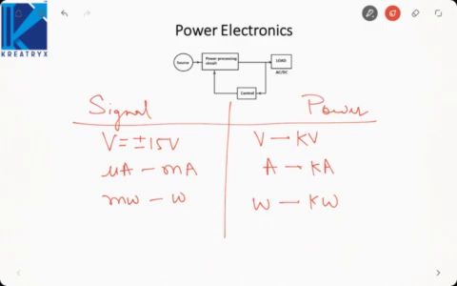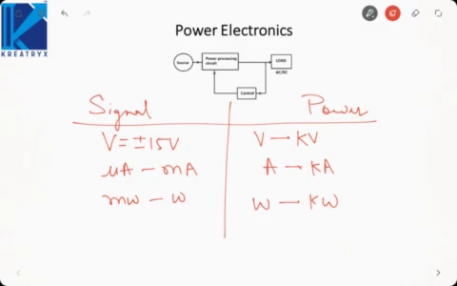So power electronics is nothing but the application of the electronics principles that we study in analog electronics to the power domain. Power domain means using the electronic equipment at much higher rating. That is the basics of power electronics, and that is the necessity of power electronics.